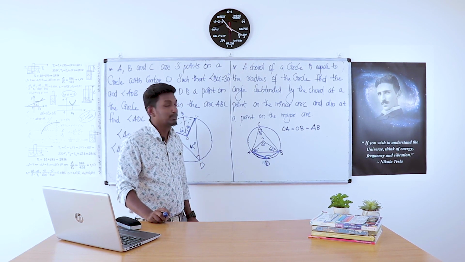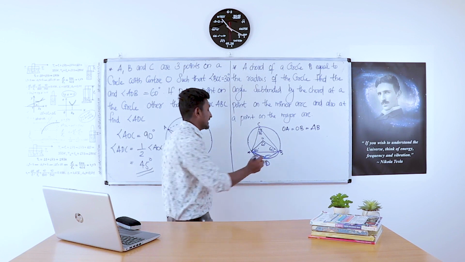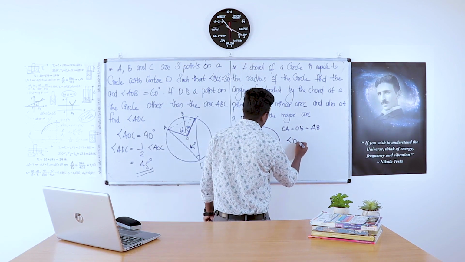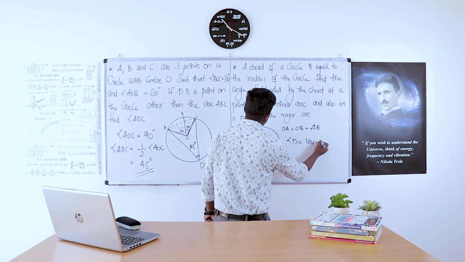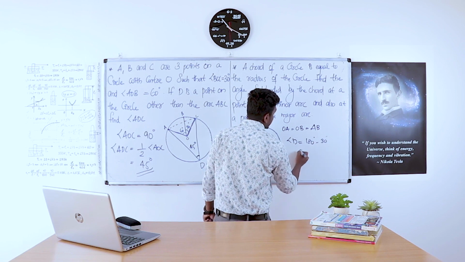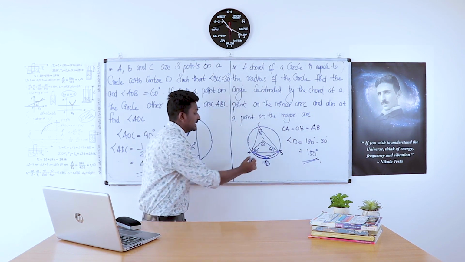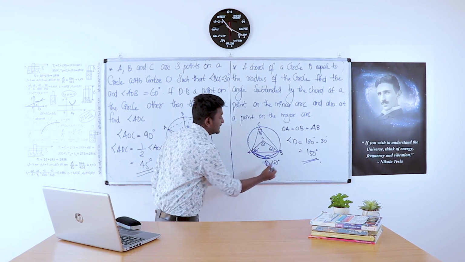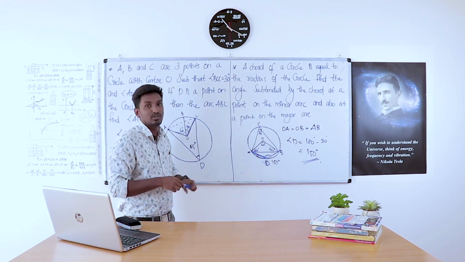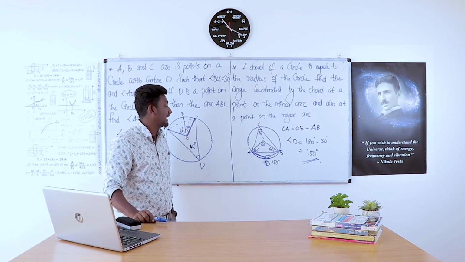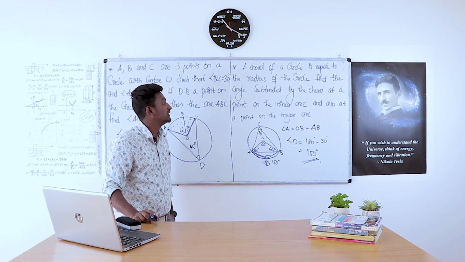These should be supplementary. That is, sum is 180 degree. Therefore, we can say that angle D is equal to 180 minus 30 degree, that is 150 degree. So angle formed on the major arc is 30 degree and angle formed on the minor arc is 150 degree.